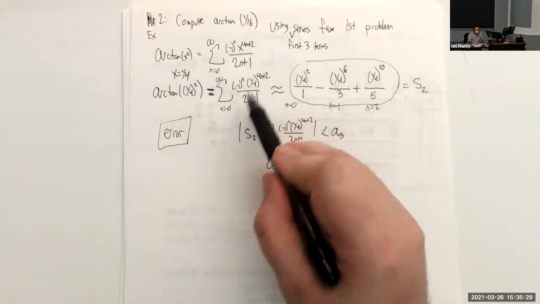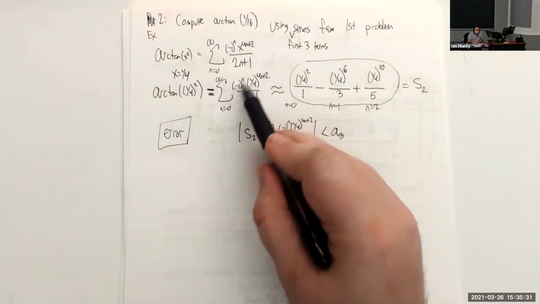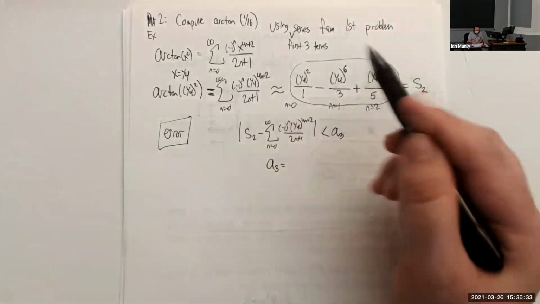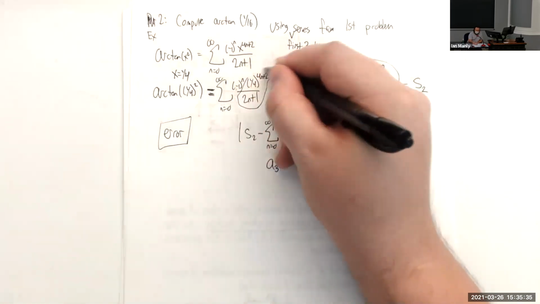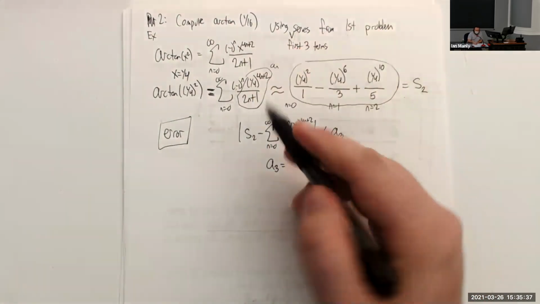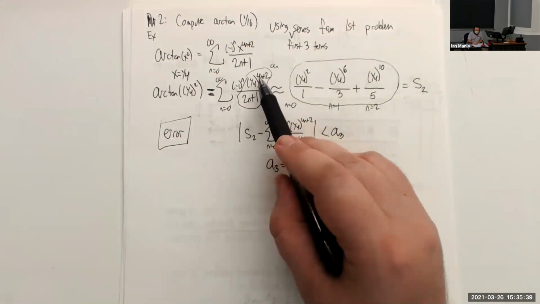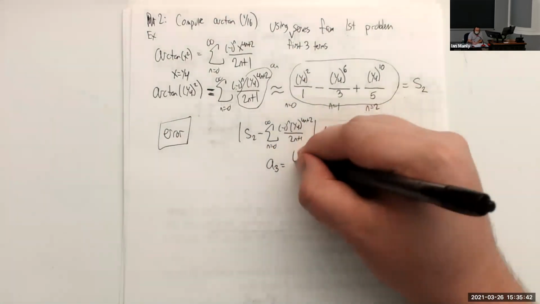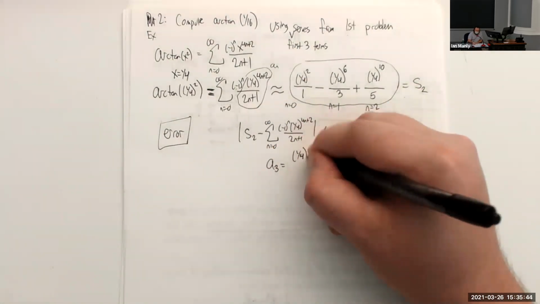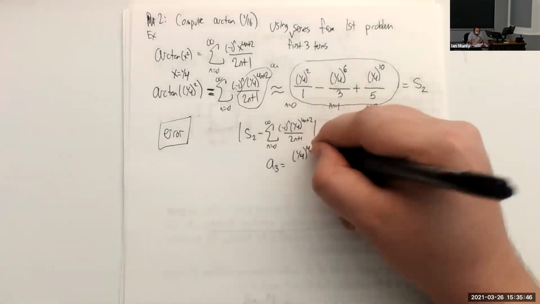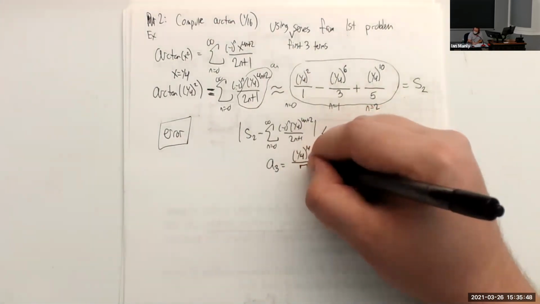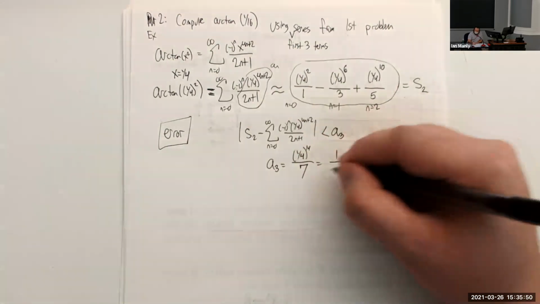A3 would be if we plug 3 into this. We ignore the negative here. The A3 only counts this stuff. We have 1/4 to the 3 times 4 plus 2. So that's 1 over 4 to the 14th times 7.